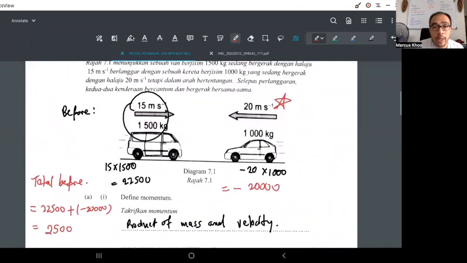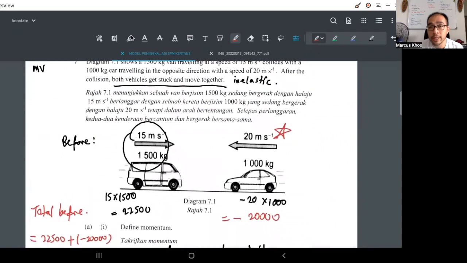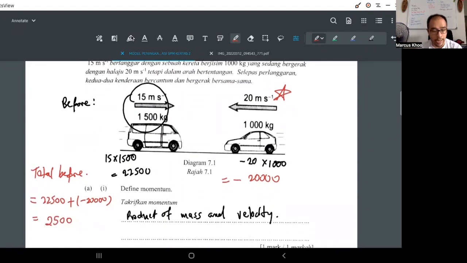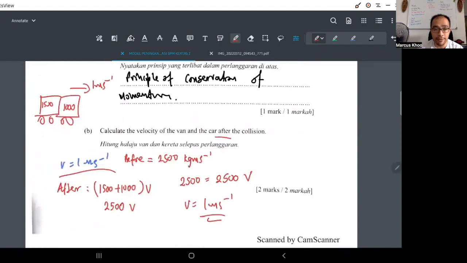Now, when it comes to principle of conservation of momentum, I like to do everything separately lah. Saya kira sebelum saya kasih jumlahkan, saya kira selepas saya kasih jumlahkan, baru saya kasih sama. I calculate everything before and then I total it, and then after that, I calculate everything after and then I total it and then saya kasih sama.